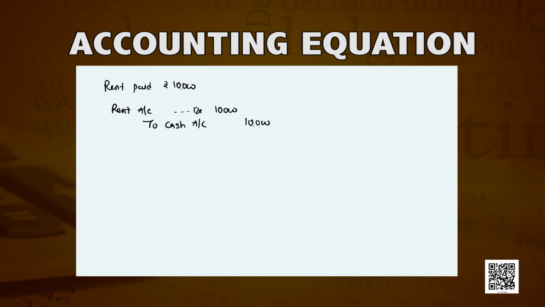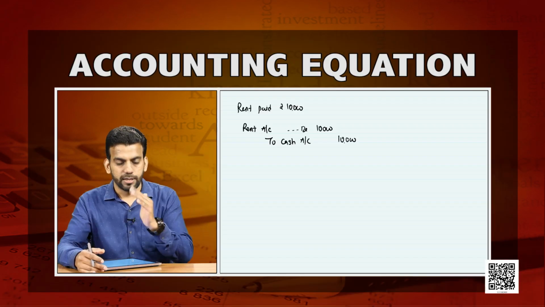So when I debit rent account, it means the rent has fallen due for the period. Is it clear? Now I will add something to it.